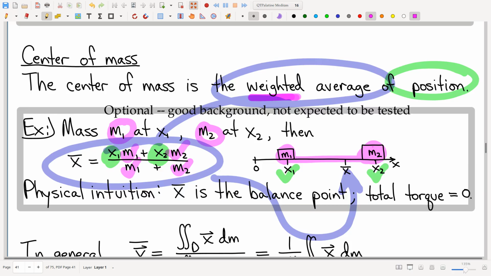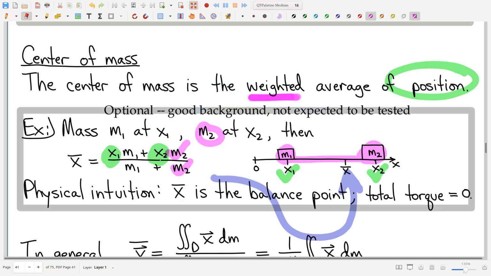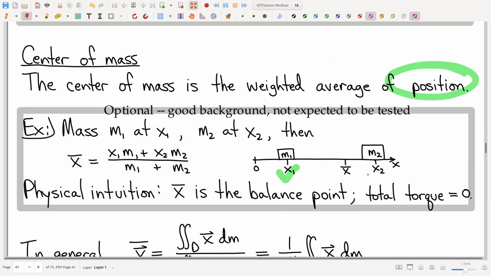By the way, this is a good exercise. If you're interested, you don't have to, but it's instructive to look at, if you had your finger there, and then think about this distance and that mass and that corresponding force, and think about the counterclockwise torque that M1 would create.